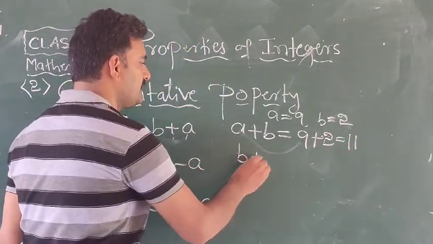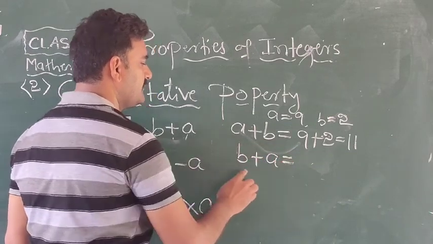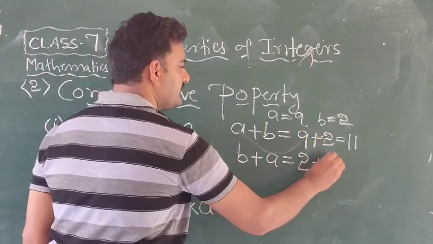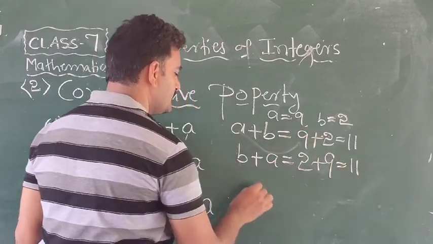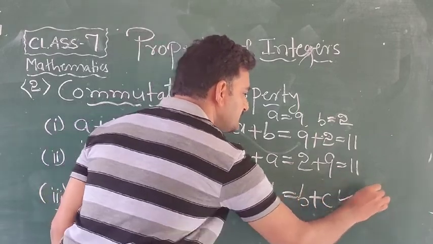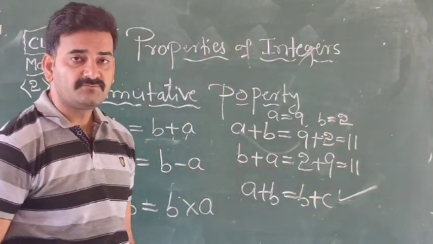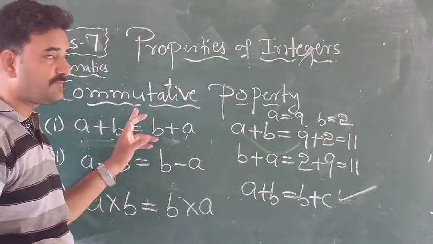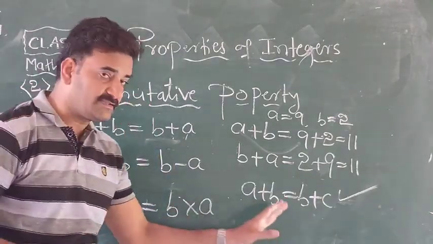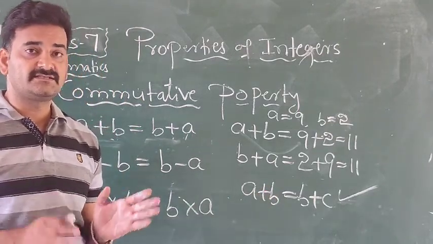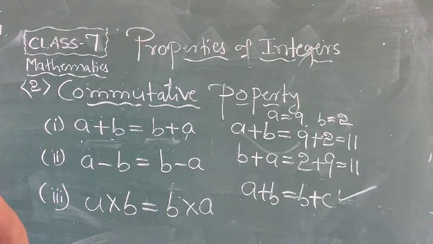B plus A. B means what? 2. A means what? 9. I am getting 11. So A plus B is equal to B plus A satisfies us. That means addition holds good in commutative property. If they are equal, then it holds good. If we are getting an unequal solution, then it does not hold good.